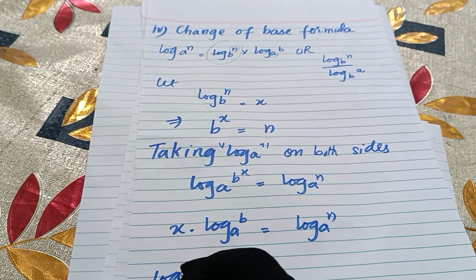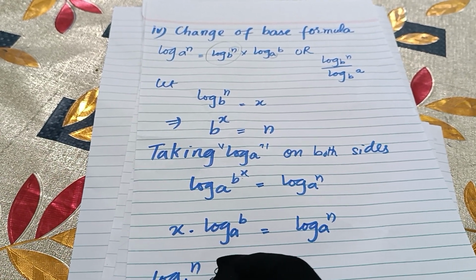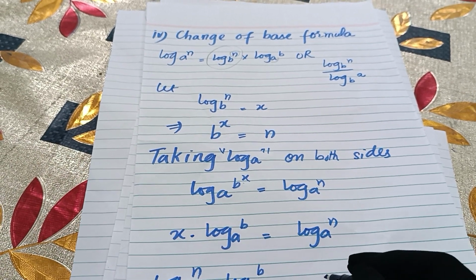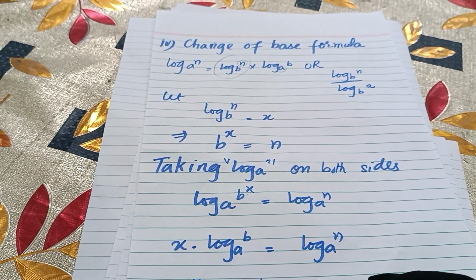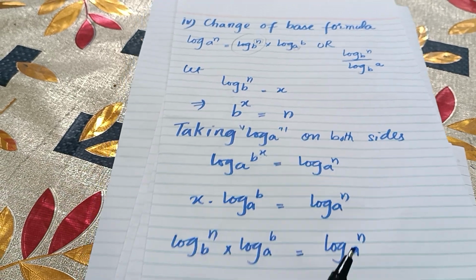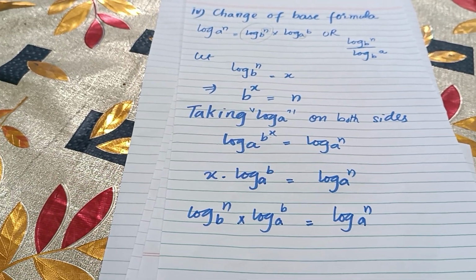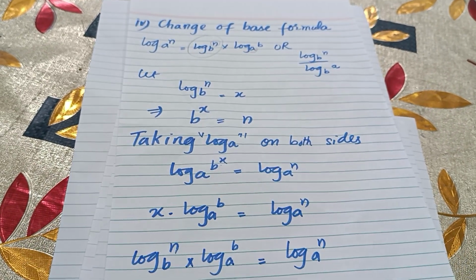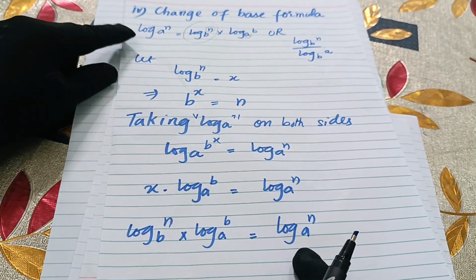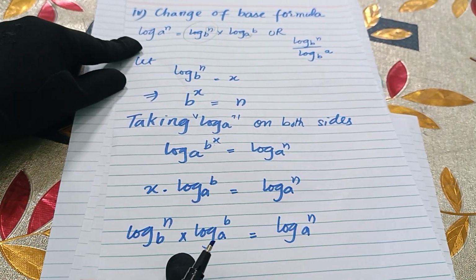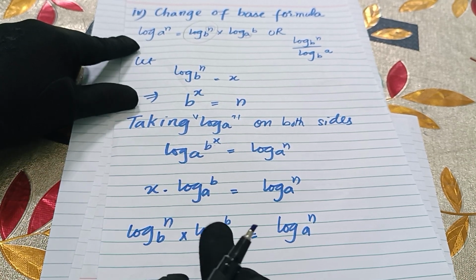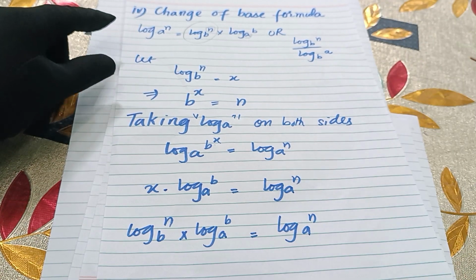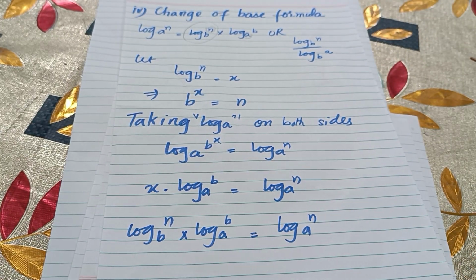So log of n with base b multiplied by log a b is equal to log a n. Like this it is completely solved, which means it is proved. Log a n is equal to log of n with base b into log a b. So it can be changed to this side also, to this formation also.